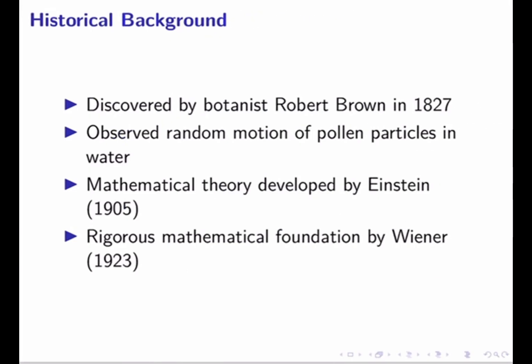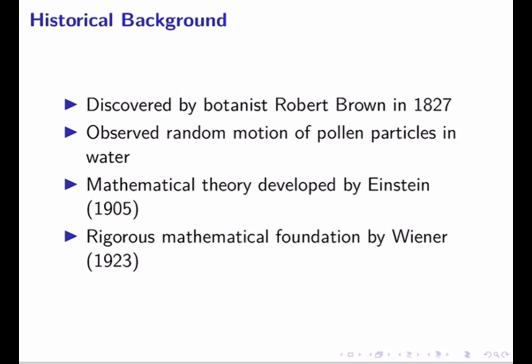Brownian motion was first observed by the botanist Robert Brown in 1827, when studying pollen particles suspended in water. He noticed that these particles exhibit random jittery movements.